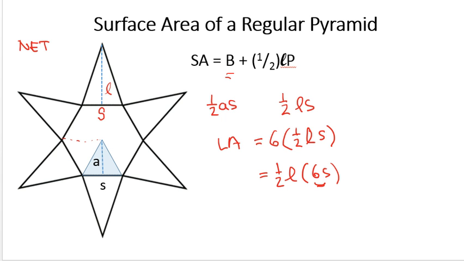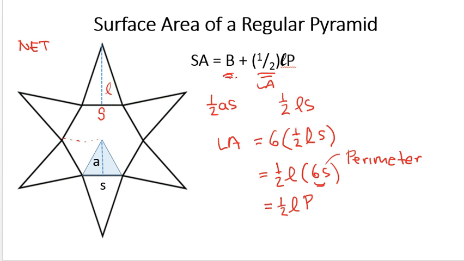That leads to the lateral area of the pyramid, which is 1/2 the slant height times P, because 6S is the perimeter. Add the area of the base with the lateral surface area, and you have the surface area formula for a regular pyramid.